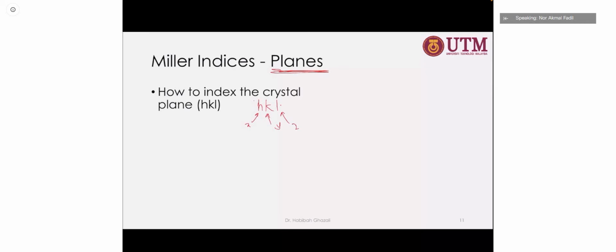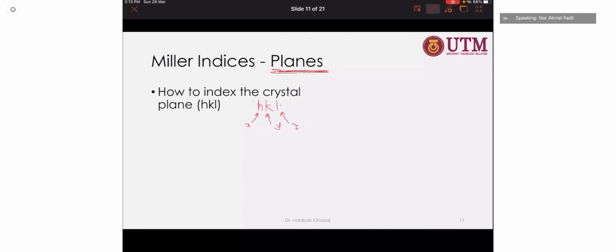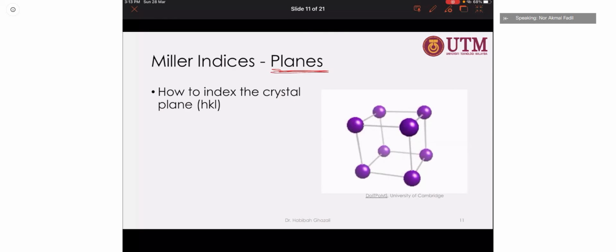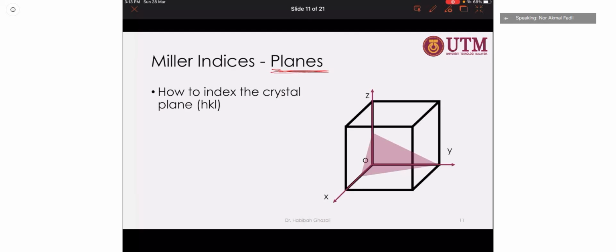If we look at this simple cubic structure, with x, y, and z at the origin, and the atomic arrangement of this structure is a simple cubic, and then if we look through this plane, it's a y plane.